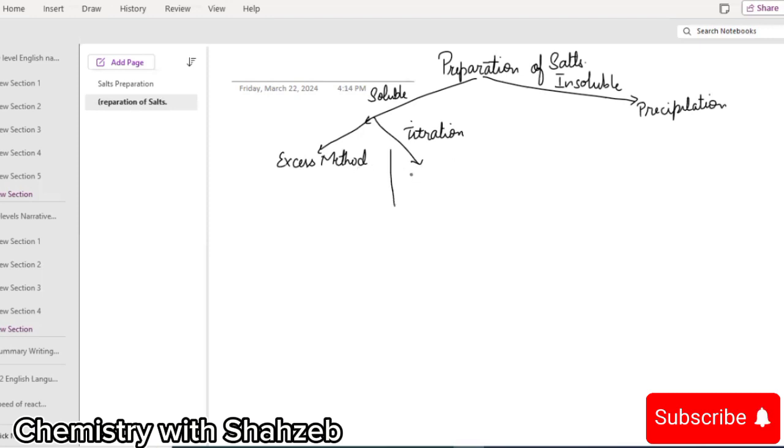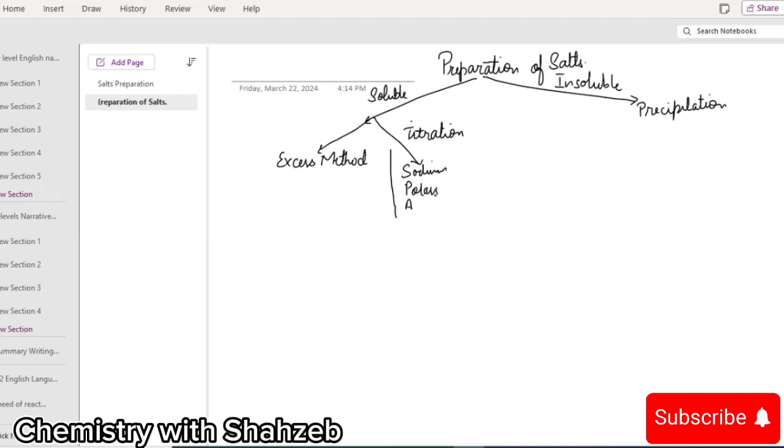In the titration method, we prepare three types of salts, that is SPAN salts: sodium salts, potassium salts, and ammonium salts. Just remember that only for these three types of salts we are going to use the titration method.